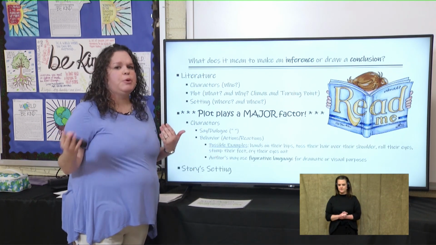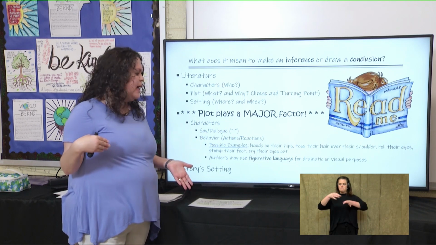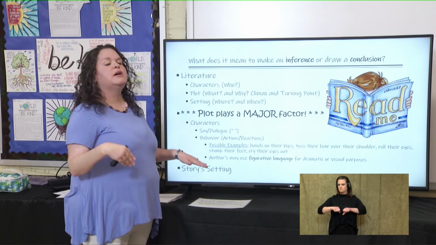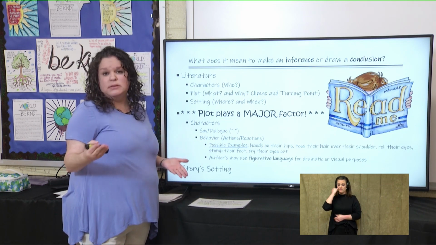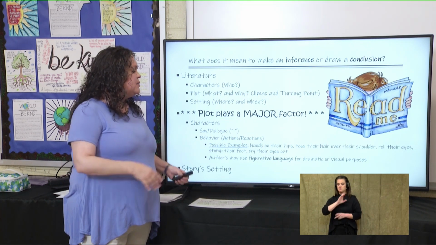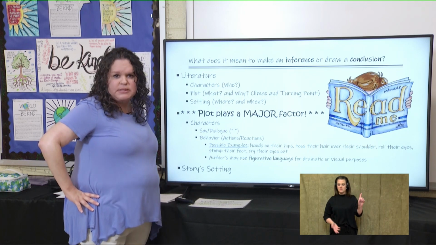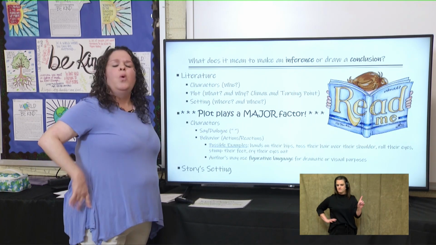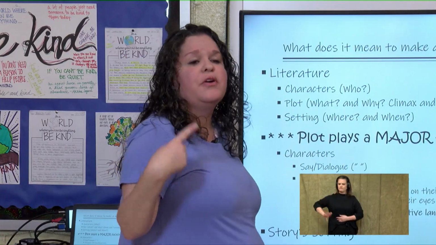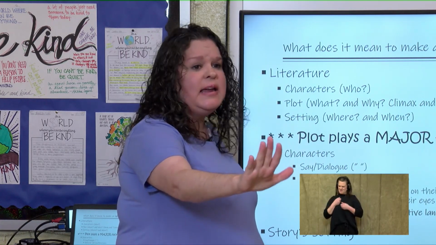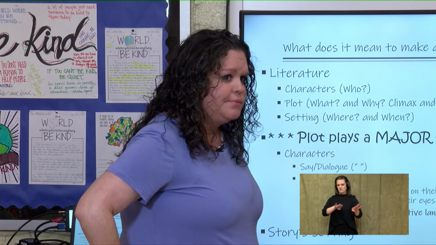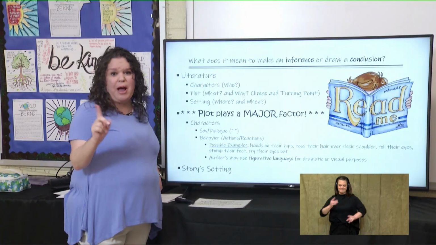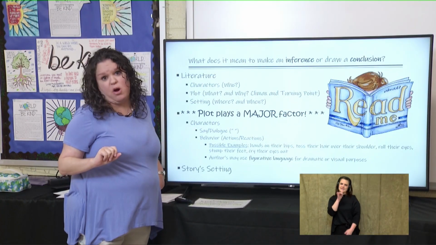Here are some possible examples that could take place within a story. If a character has hands on their hips, what does that tell you about how they're feeling? Now, they didn't say anything, but their hands were on their hips. Yep, you're probably right. They're probably not all too happy, are they?